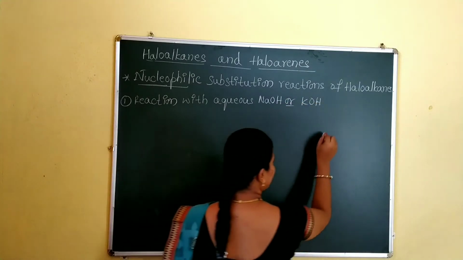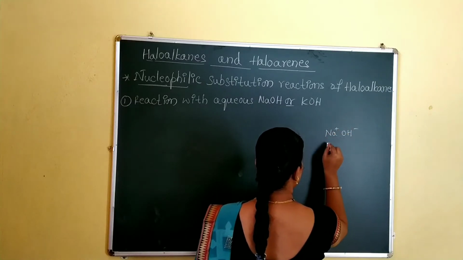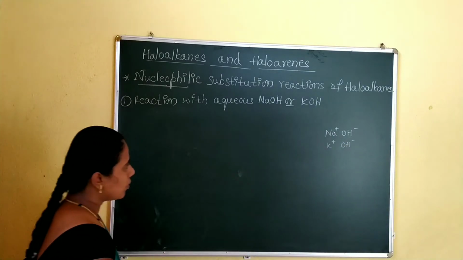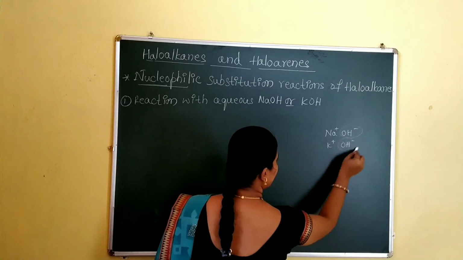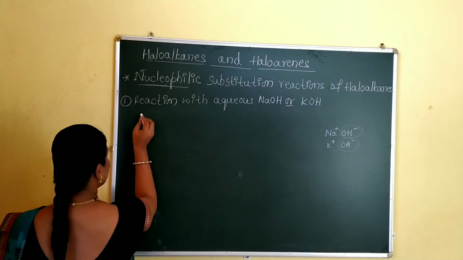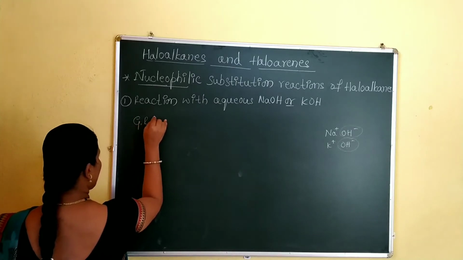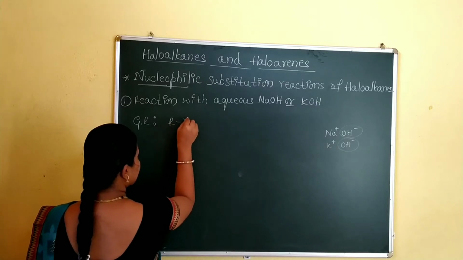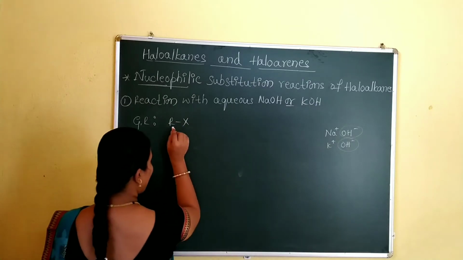See here, it contains Na plus and OH minus, K plus and OH minus. Therefore, this OH minus is the nucleophile. I will write the general reaction. Alkyl halides, haloalkanes, are generally represented by RX.